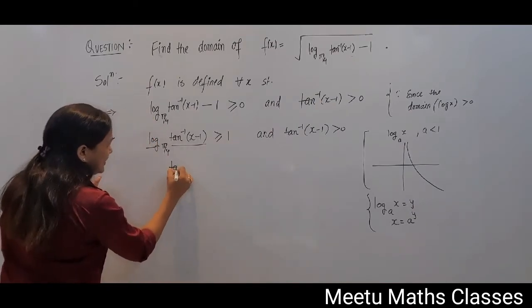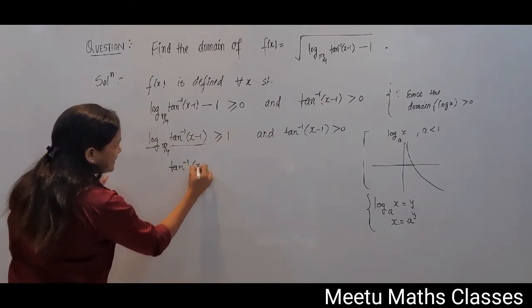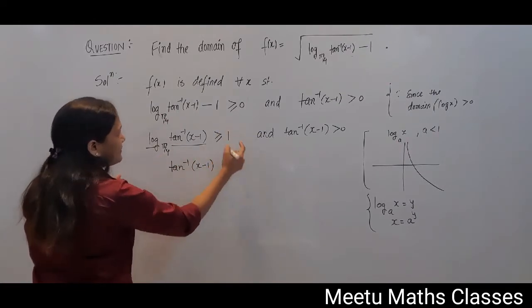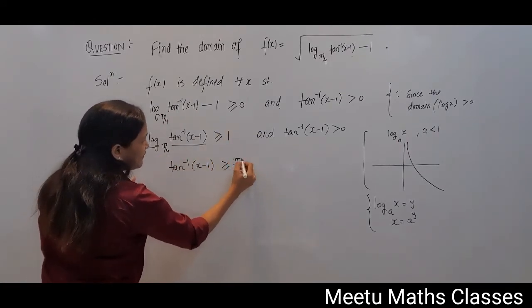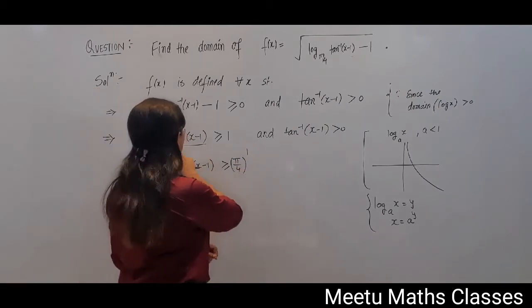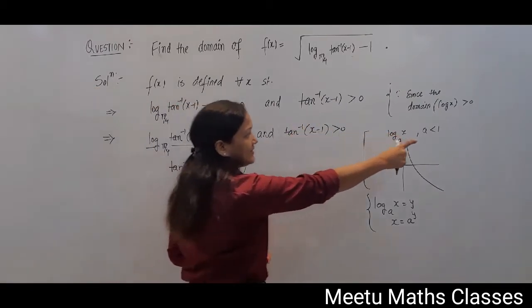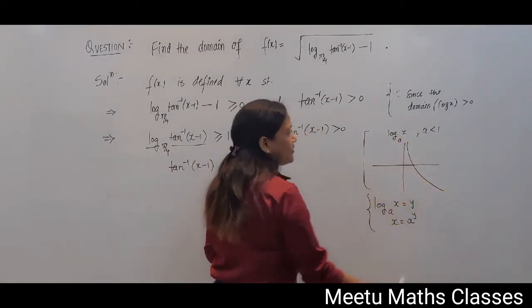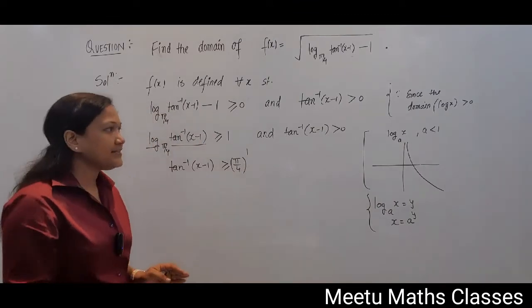So tan inverse of x minus 1 should be greater than or equal to pi by 4 raised to power 1. But because the base is less than 1, the graph is a decreasing function.